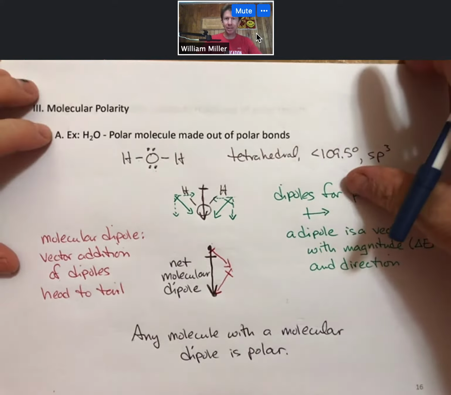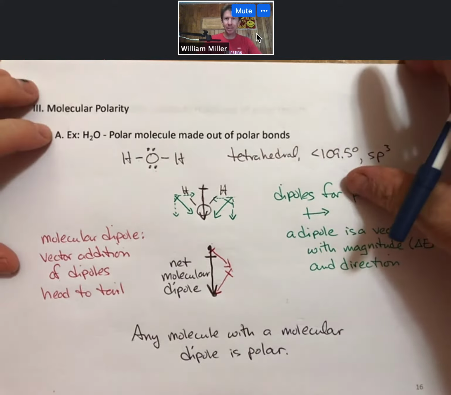Now, let's talk about CF4. It is a nonpolar molecule made out of polar bonds. We'll follow the same process: draw the Lewis structure, draw the molecular geometry. The Lewis structure is going to have this basic idea.